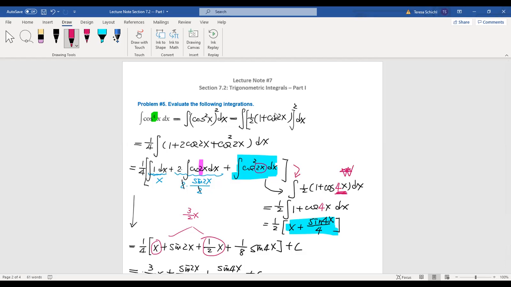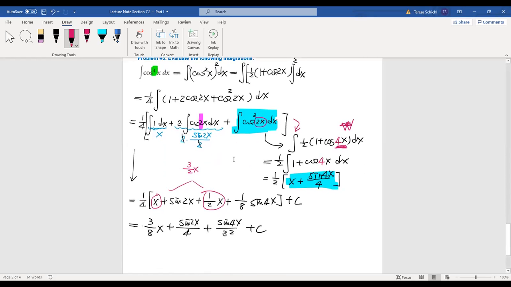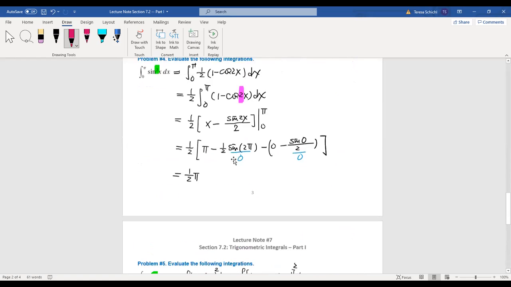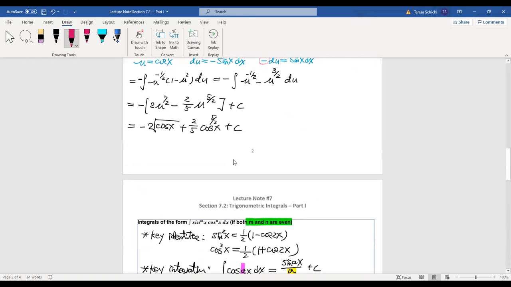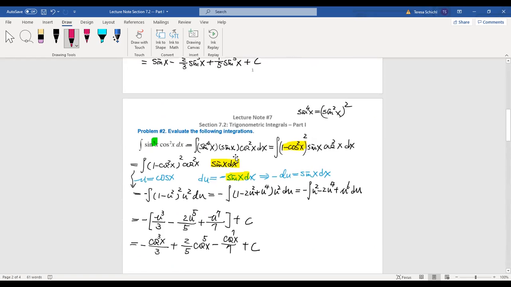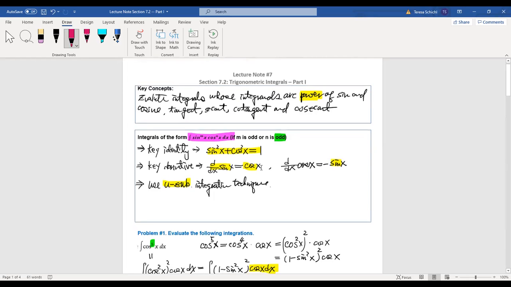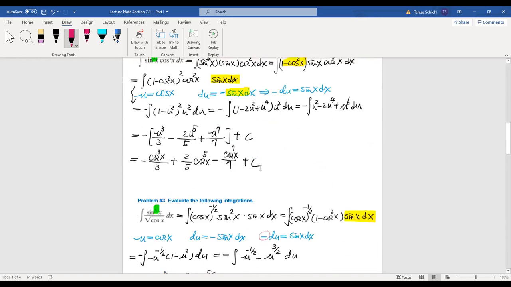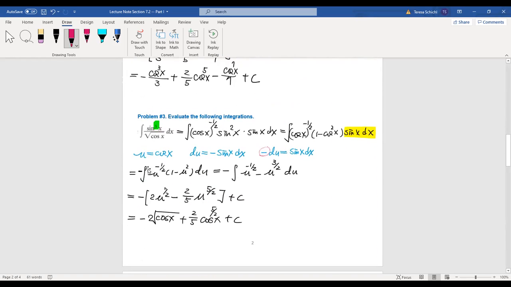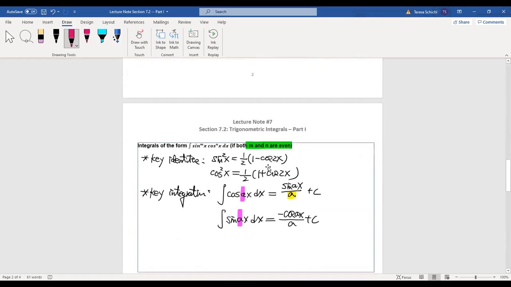All right, so that is the first lecture, part number 1, when we're dealing with the sine and cosine combination. So for each one here, if one of them is odd, then the key identity we use is the Pythagorean identity. If both of them are even, then we need to use the double angle, or some people call them the half angle identities here.